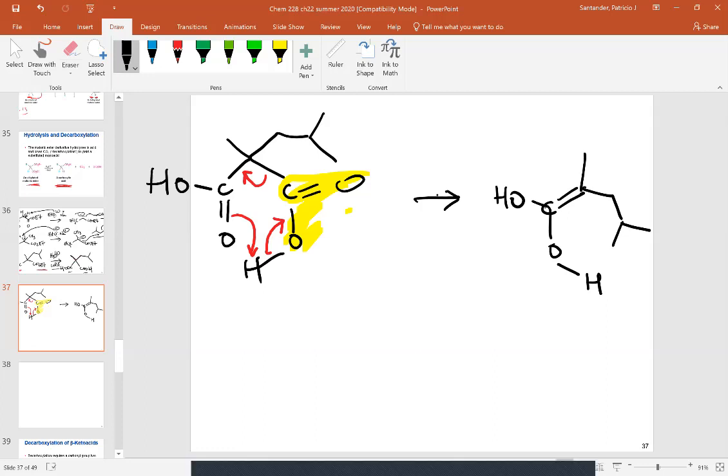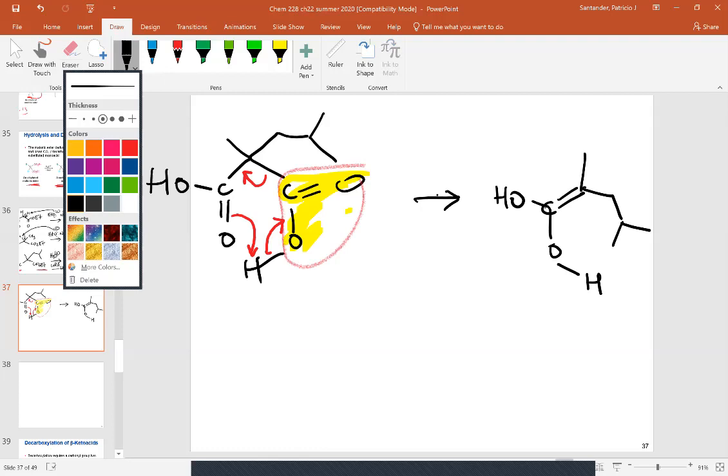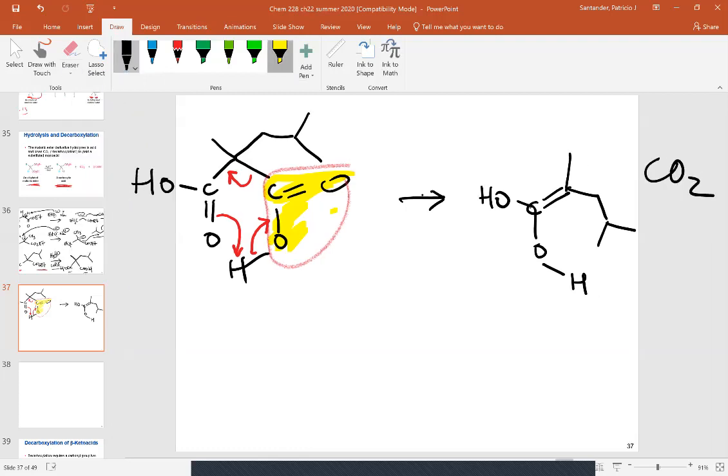And all this portion here is becoming CO2, right? CO2. And all that CO2 came from the yellow portion there.